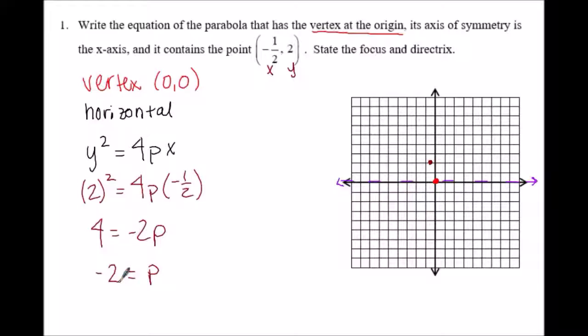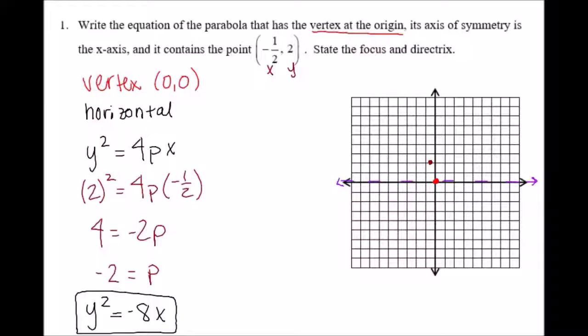Now that we have the vertex, the value of p, and we know that it's a horizontal parabola, we can plug all that back in and get our equation, which would be y² = 4 times p, which is -8, x. Since it also specifically asks for the focus and the directrix, we need to find those.